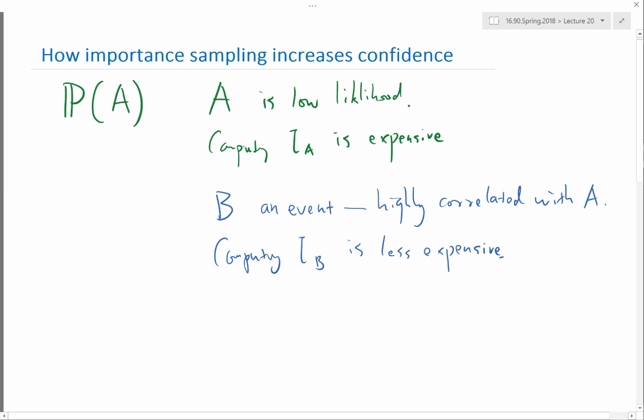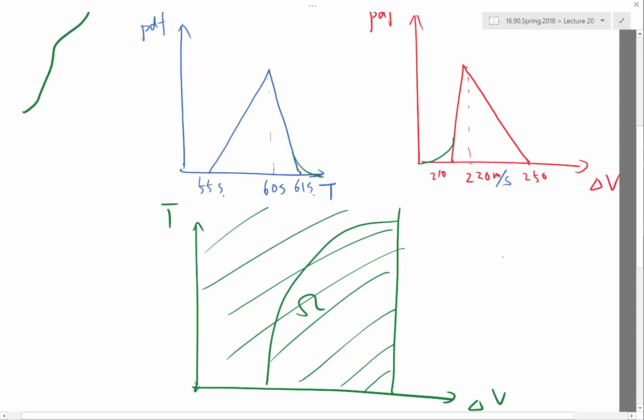So this is like a discrete analog of our previous case, right? In the previous case, we know that as we go towards larger t, small delta v, we are more likely to fail. So I can quantify my B to be just a certain region of the probability space.